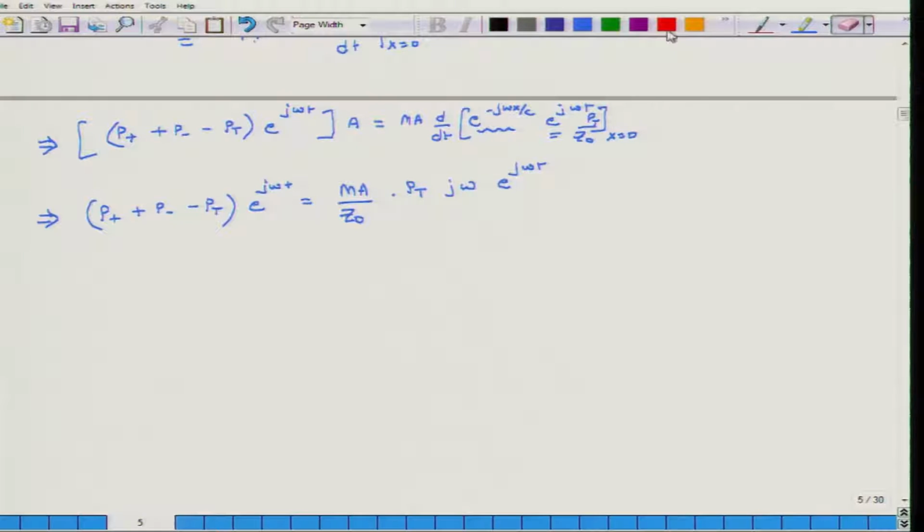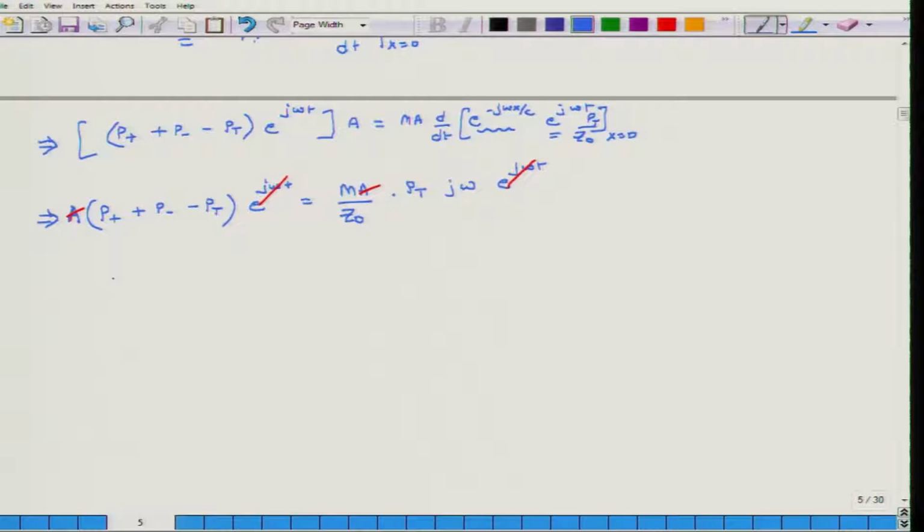Oh, I am sorry. So, there is also an A here. So, A and A cancel out, so does e to the j omega t.